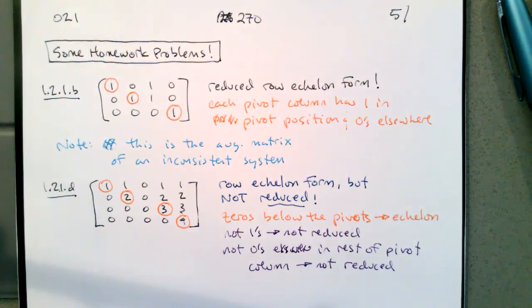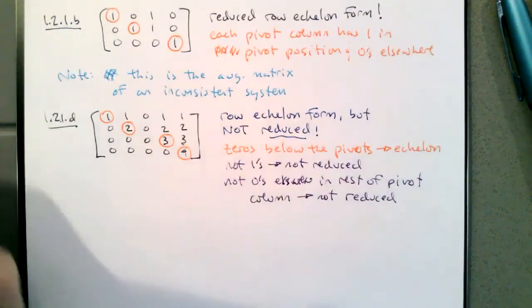Can I also ask a clarification question on part C of this exact problem? Yes. So basically I looked at the answer because I thought it was in reduced row echelon form for part C, but it's neither because there's a row of zeros right in the middle of the matrix.